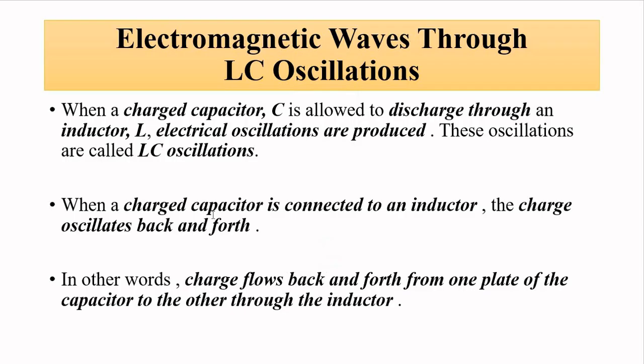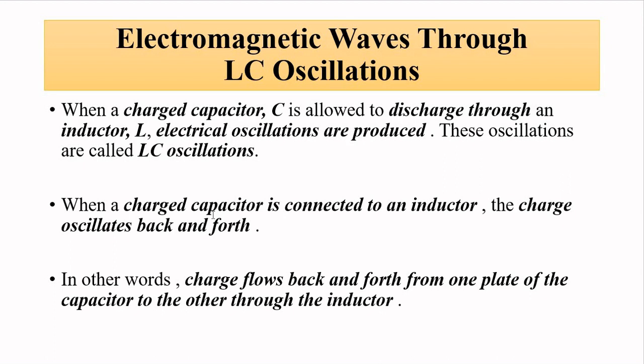So basically the capacitor charges and discharges continuously through the inductor. Thereby energy is continuously transferred first from the electrostatic field in the capacitor to the magnetic field in the inductor, then from the magnetic field back to the electrostatic field, again electrostatic field to magnetic field, like that.